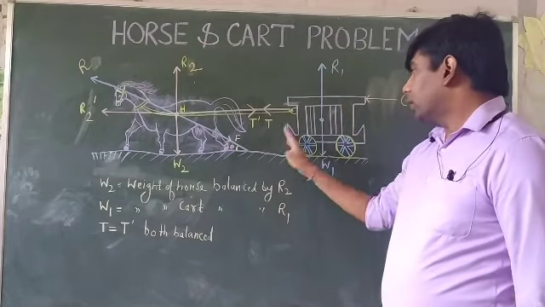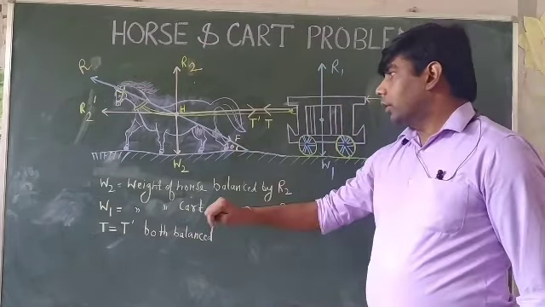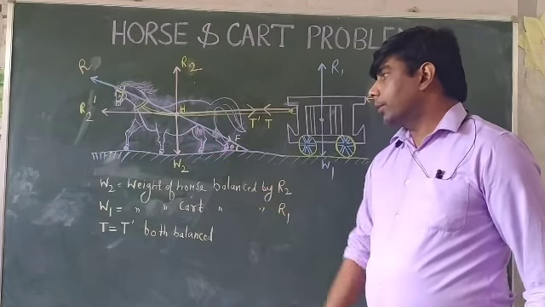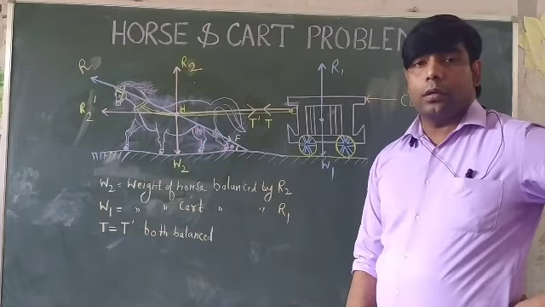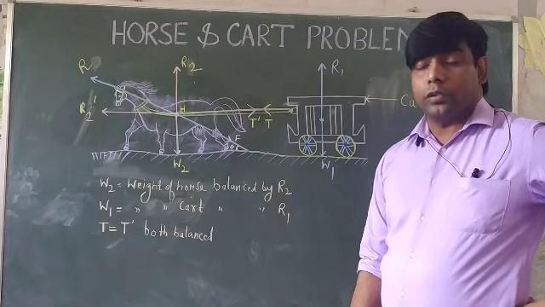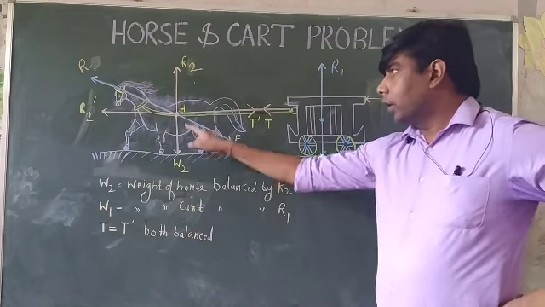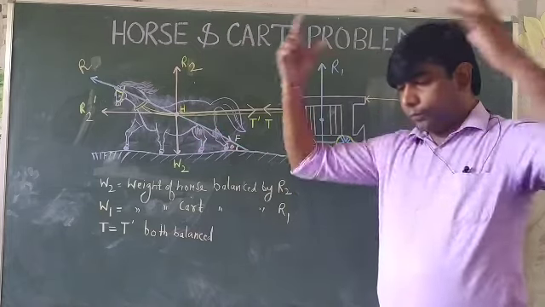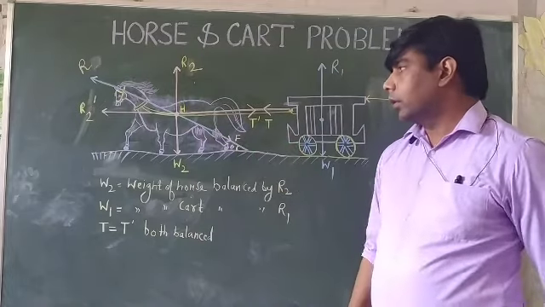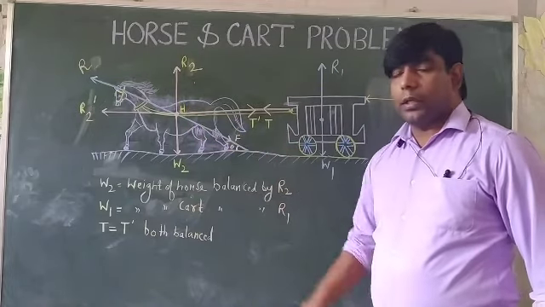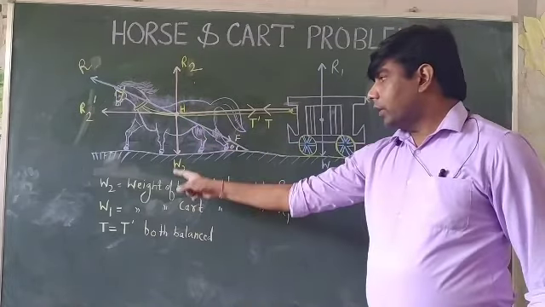This is the cart and the horse, with weight of the horse W. What is weight? Weight is mass into g, the acceleration due to gravity. At this point, the center of the body of the horse, I have denoted H, its weight is acting downward.